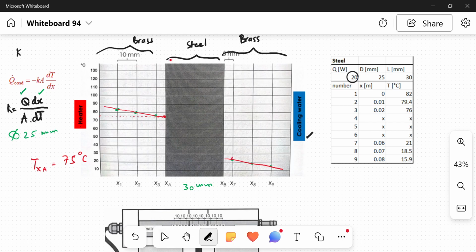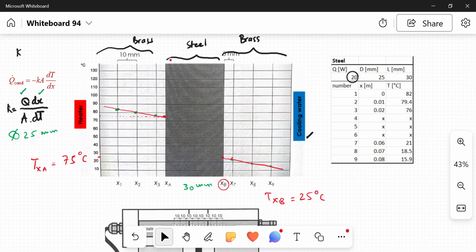This linear line will meet the right surface of the steel and brass at this point, and the temperature is roughly 25. So you write down T_XB equal 25 degrees Celsius.